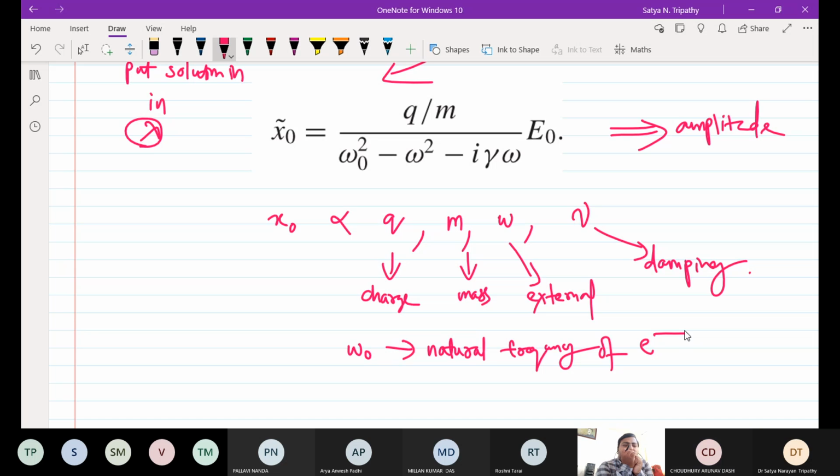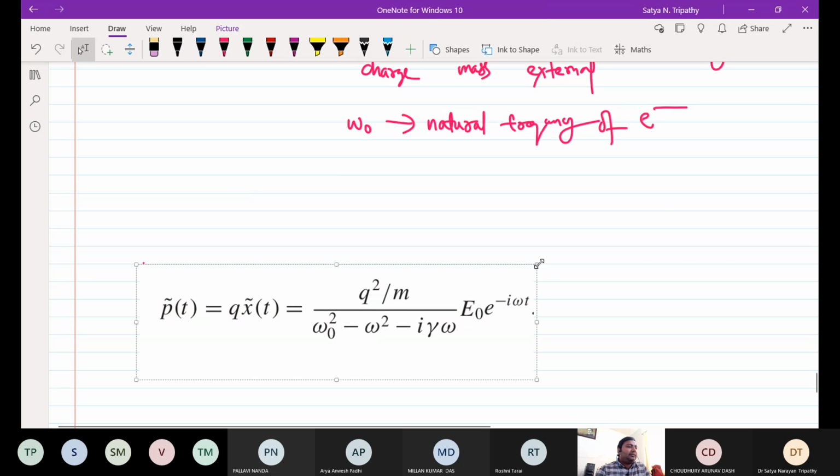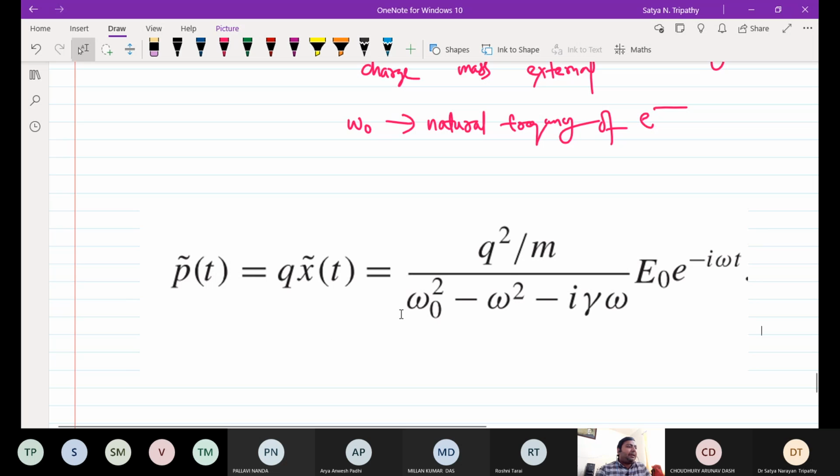Yes, sir. So next, because this is an electron, if I multiply the displacement with the charge, what am I going to get?